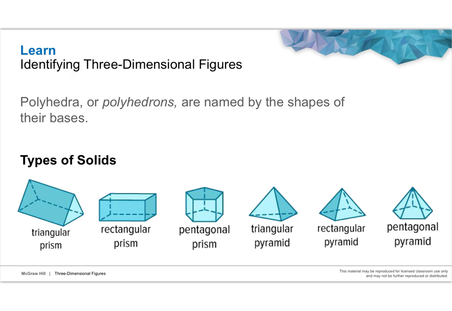Here we have a rectangular prism. Here we have a pentagonal prism. And here we have a triangular based pyramid, a rectangular based pyramid, and a pentagonal pyramid.